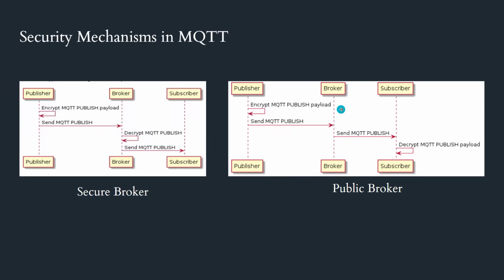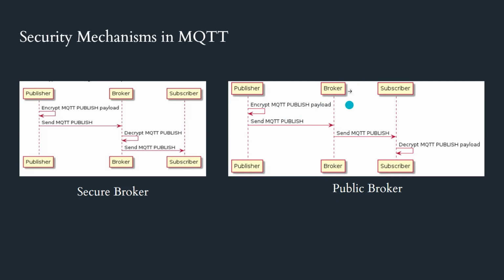Right? We will discuss the keys that are used to ensure security later. But for the moment, let's assume that this broker, in this situation where we consider a public broker, does not have any information about the keys that it can use to decrypt the messages that it receives from a certain publisher.